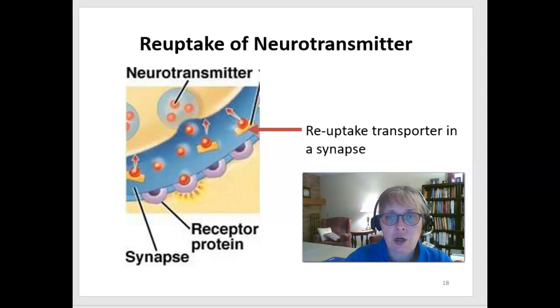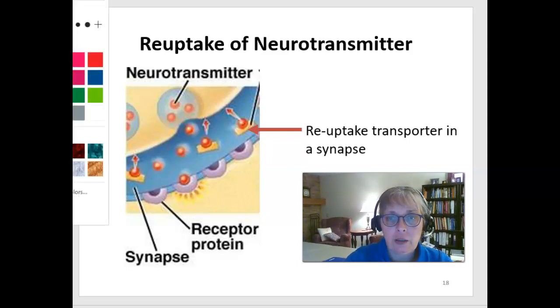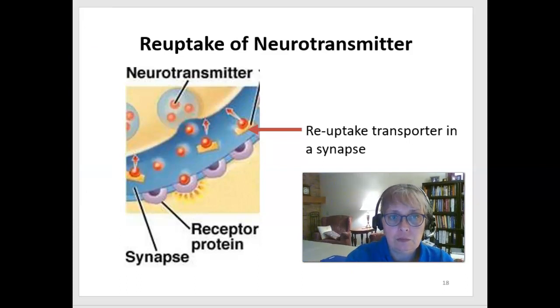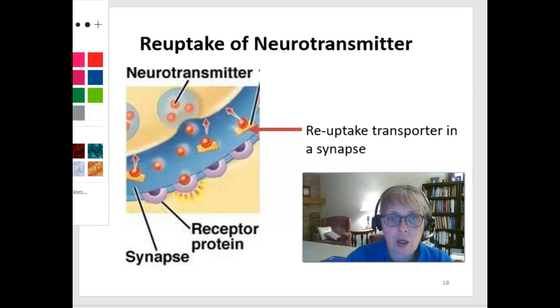this red circle, I can't seem to circle it. Try again. It's not working.